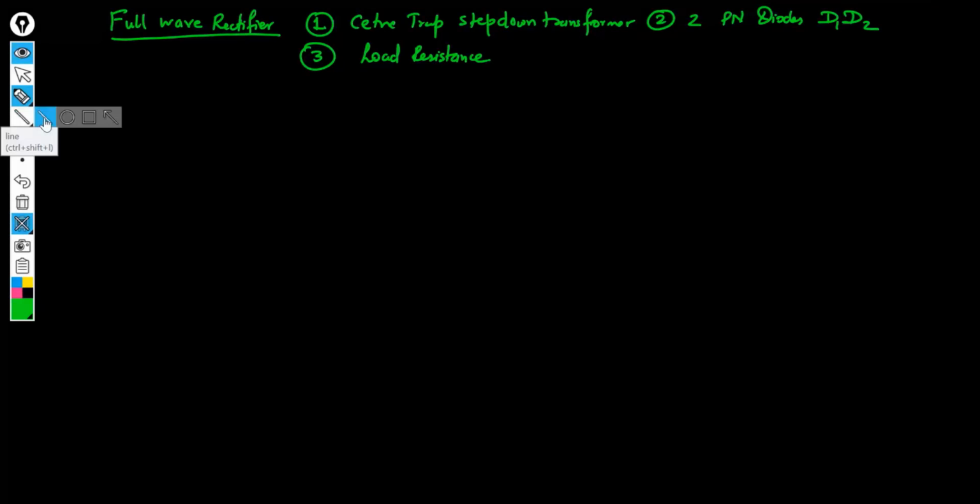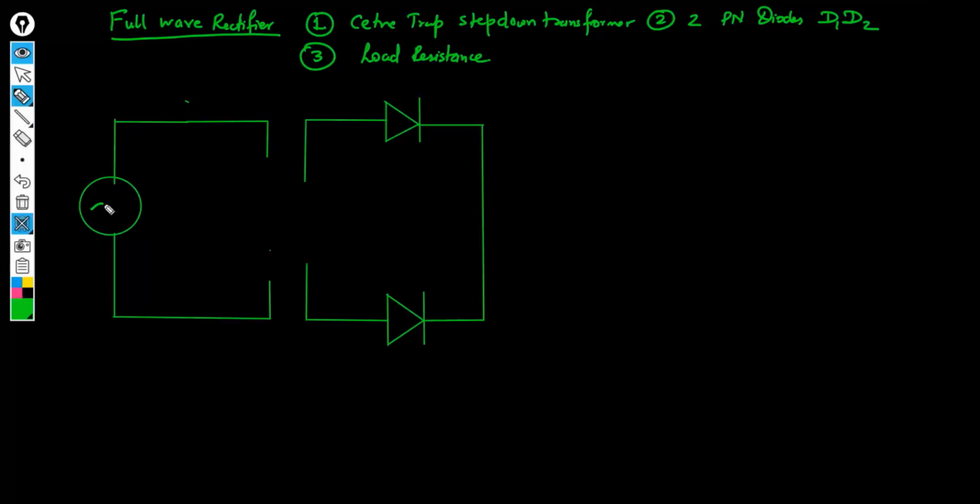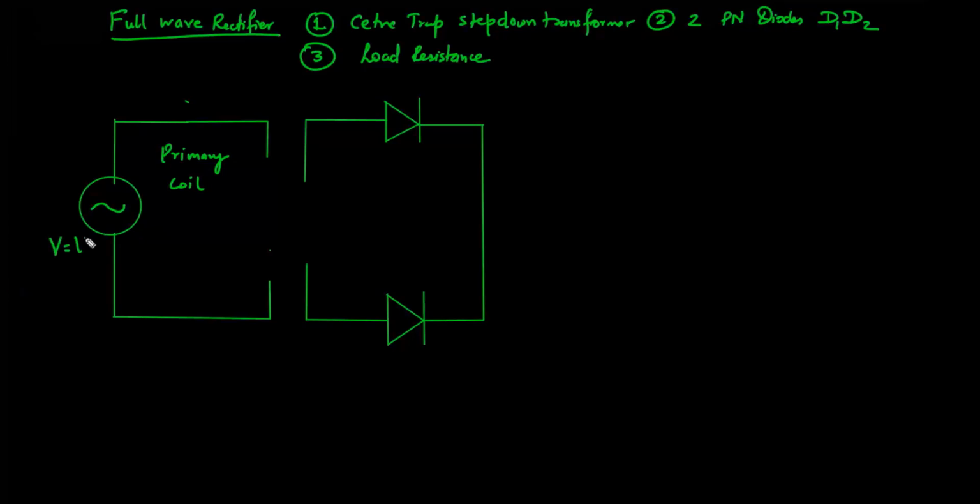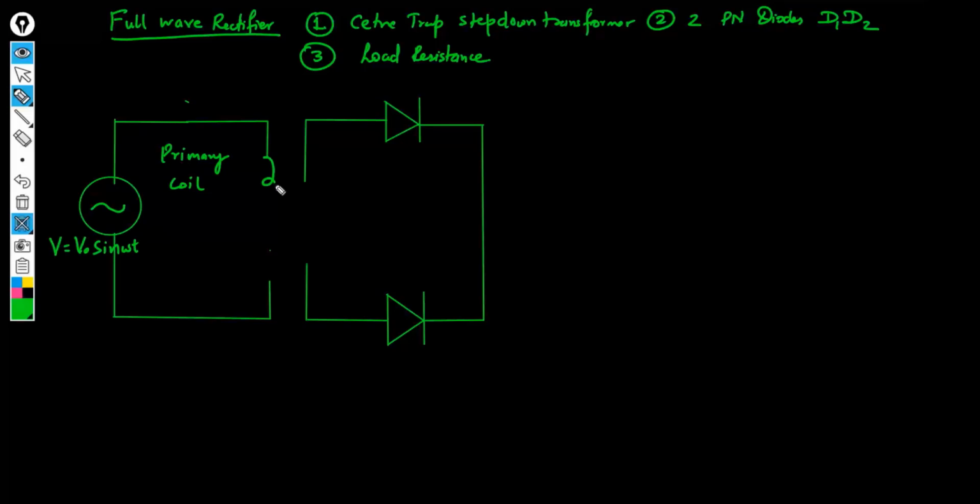Again, we will draw the diagram of this full wave rectifier. Now you can see in the primary coil, we have connected an AC which is to be converted into DC. This is the primary coil, and because it is a step down transformer, the number of turns in the secondary coil is less.